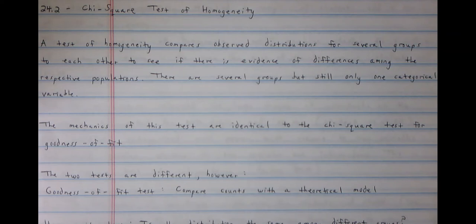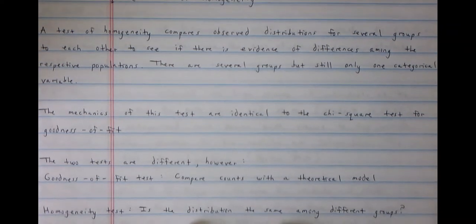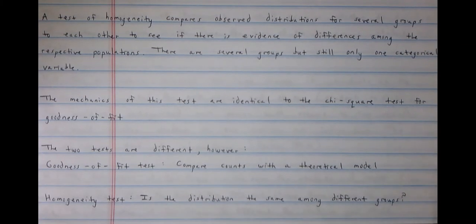The mechanics of this test are identical to the chi-square test for goodness of fit that we looked at last time. The two tests are different, however. With the goodness of fit test, we have a single categorical variable, and we compare the distribution with a theoretical model.